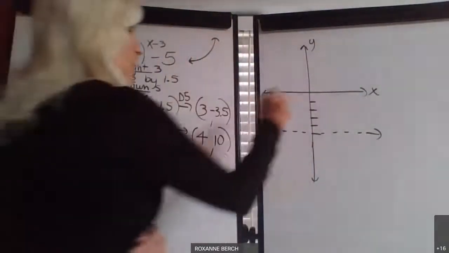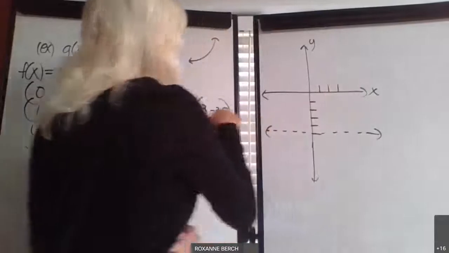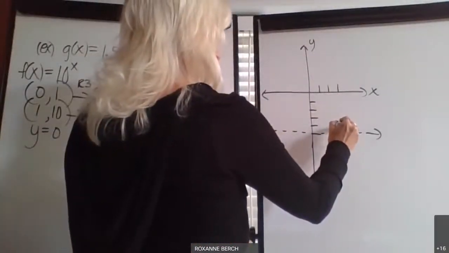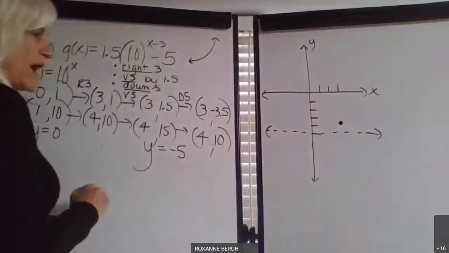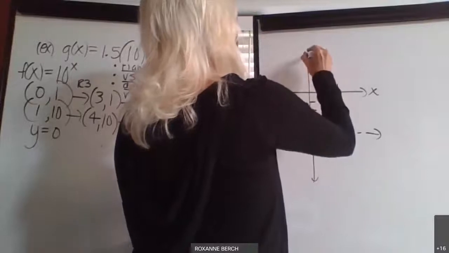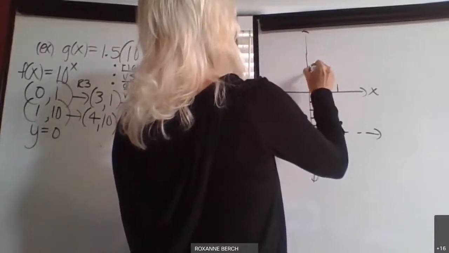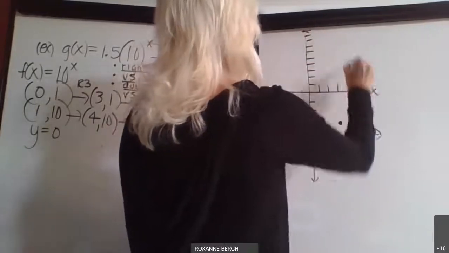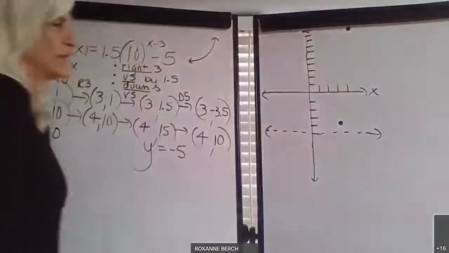All right, so we're going to go right 3, down 3.5, and we're going to go right 4, up 10. So this would be 1, 2, 3, 4, 5, 6, 7, 8, 9, 10. Right 4, up 10 is way up there.